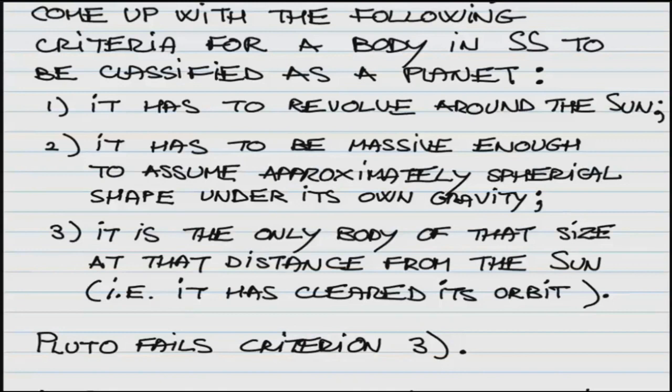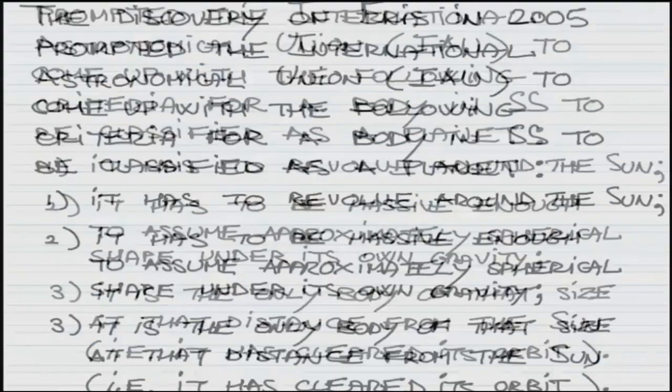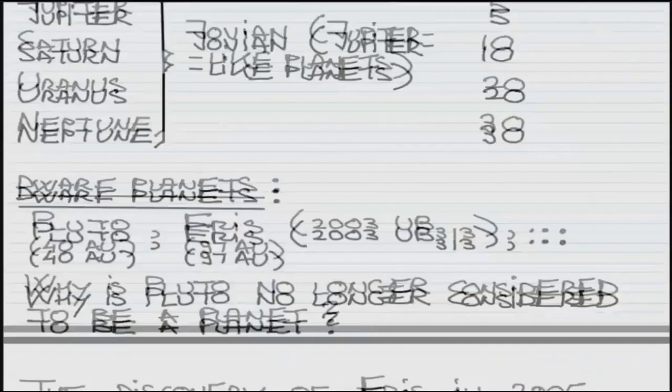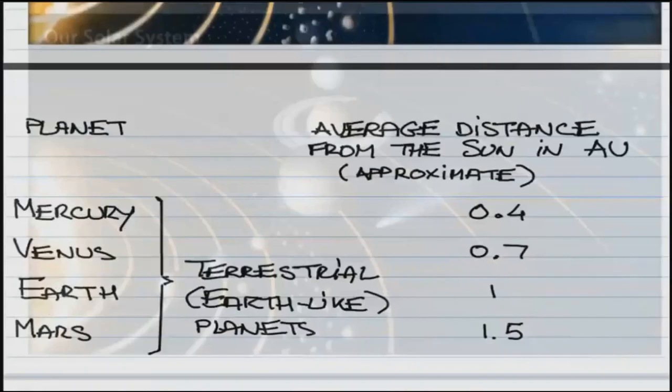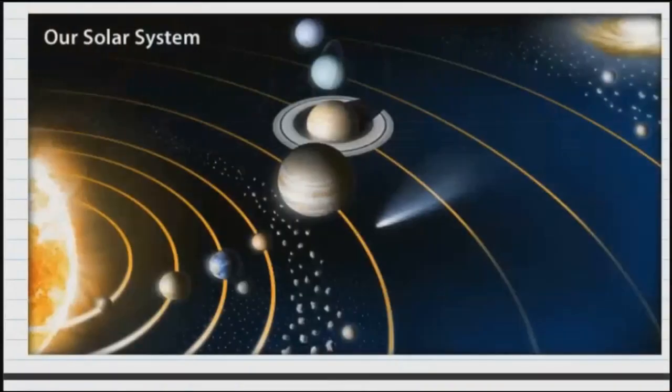So as you can perhaps see from that previous slide, there are many, many objects in the Kuiper belt. So Pluto clearly has not cleared the orbit. There is Eris there, which is comparable in size to Pluto, and so Pluto failed that third criterion.